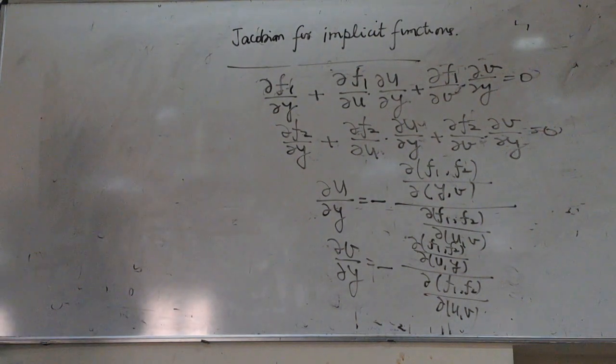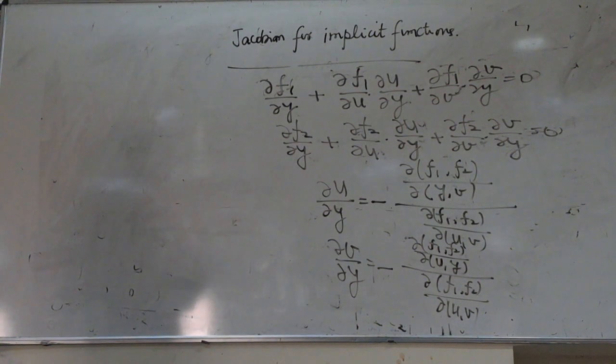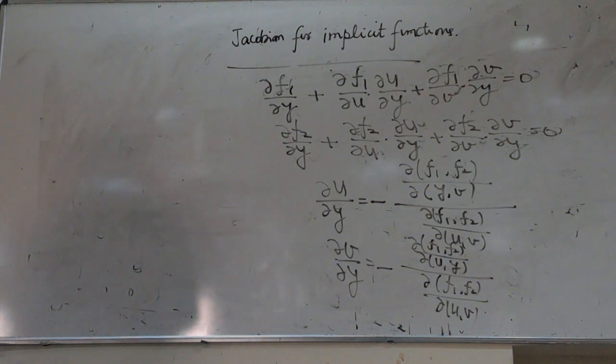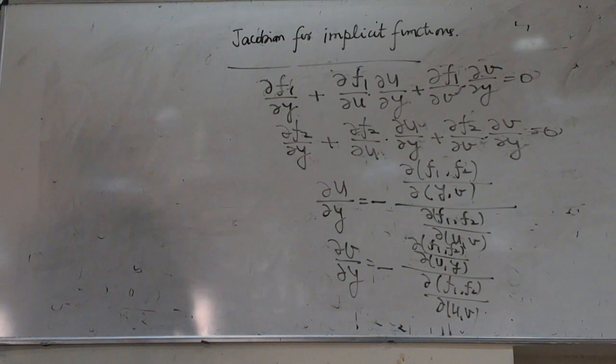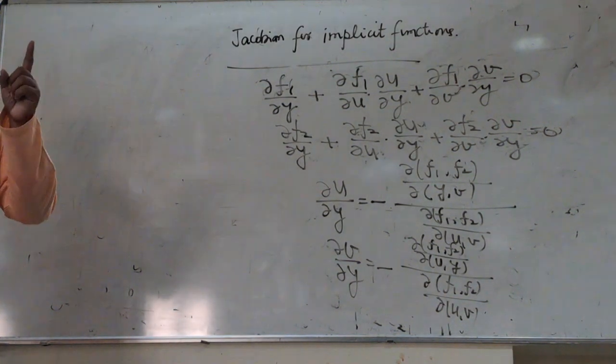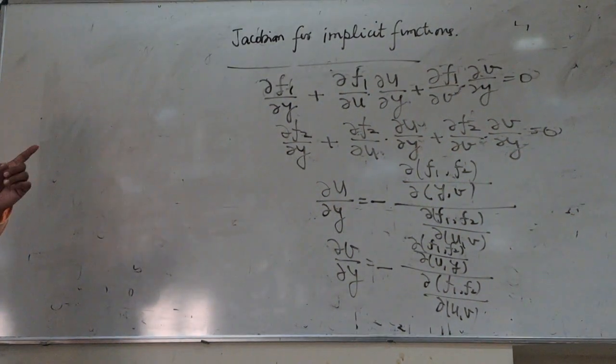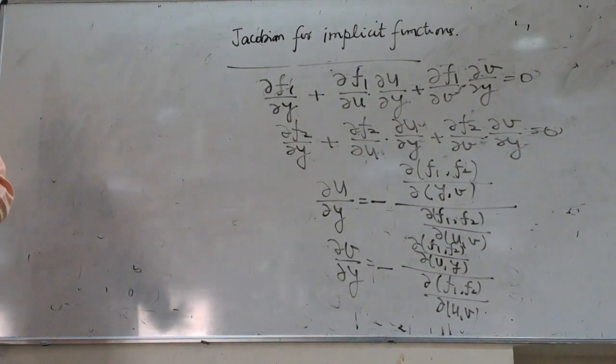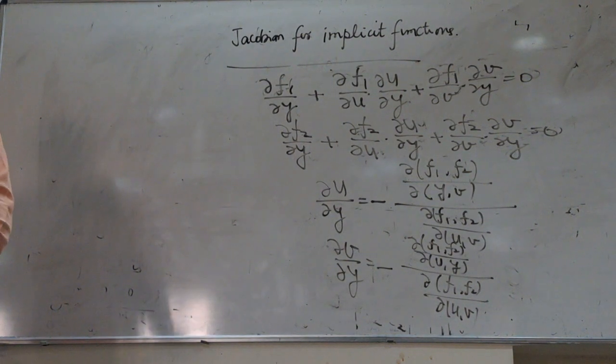You can memorize it if you are given two implicit functions between u, v, x and y. Two relations f1 and f2, let me say. Is it okay? So I can have an expression for del u over del x. What will be that? The Jacobian of f1 f2 with respect to x and v divided by Jacobian of f1 f2 with respect to u and v. Everywhere the denominator is going to be the same. What is changing?